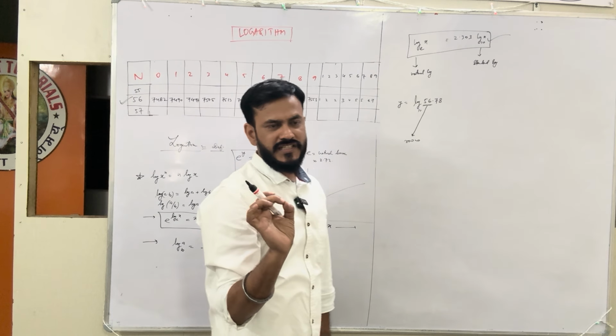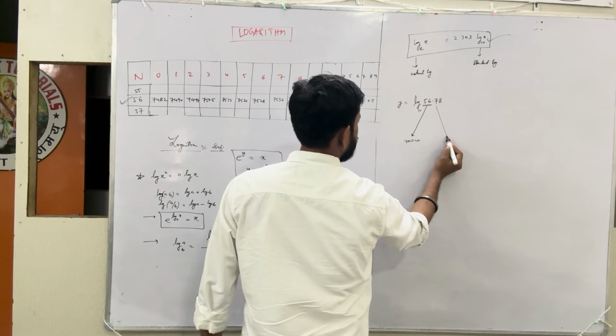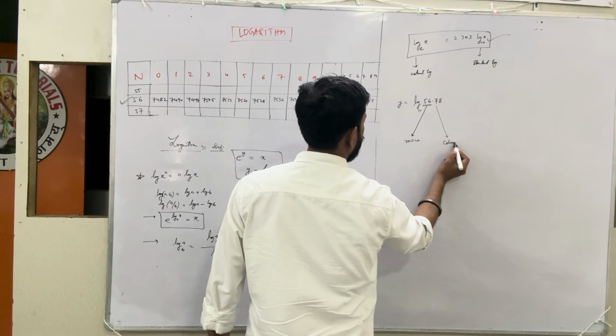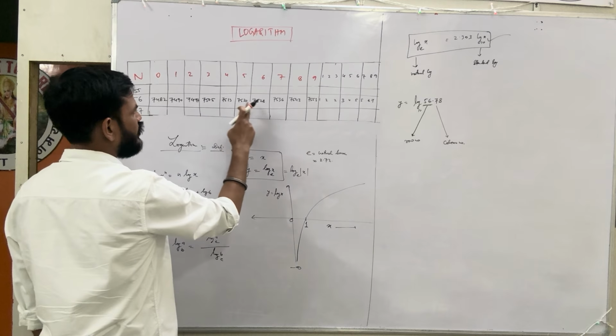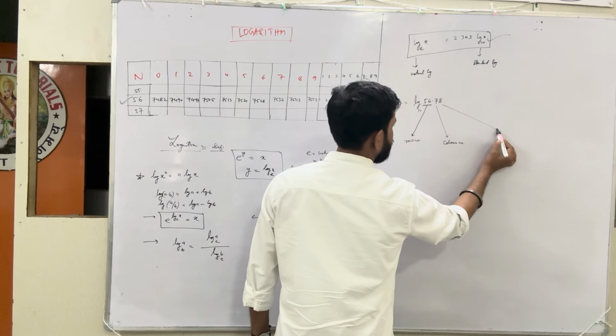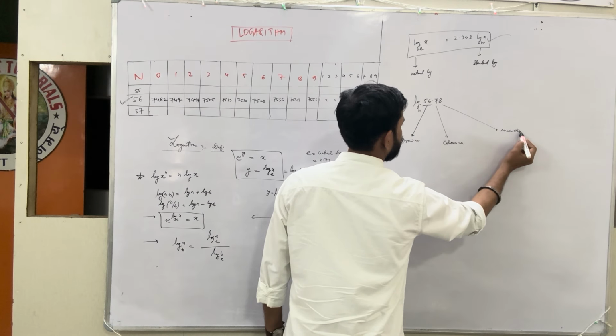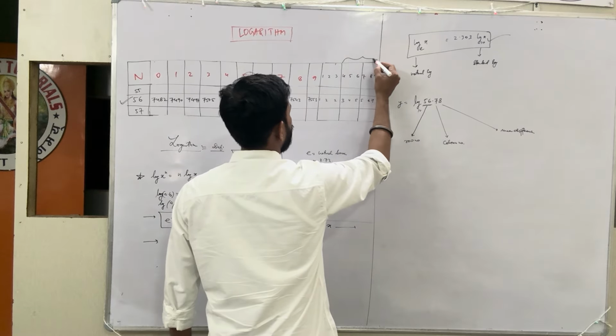The first two digits represent the row number and the third digit represents the column number. So we need to look into row number 56 and column number 7. And the last digit represents the mean difference. So this is your mean difference.